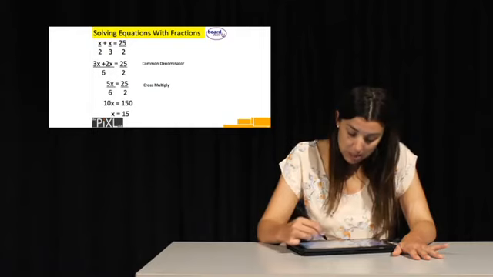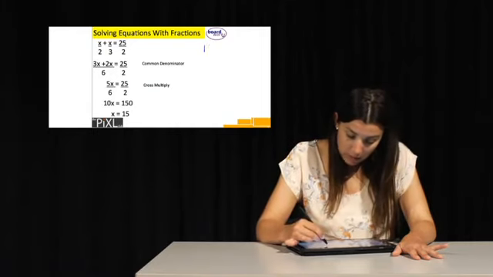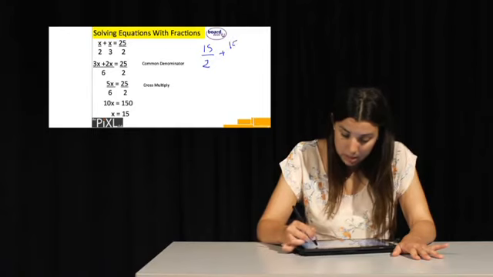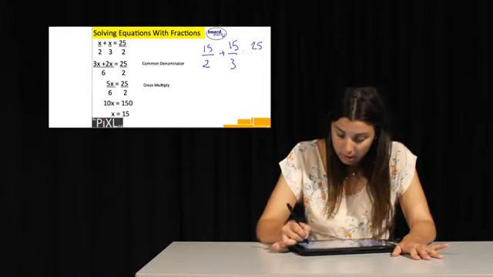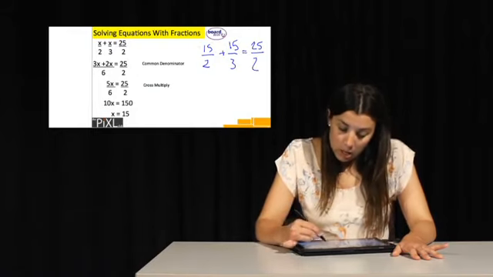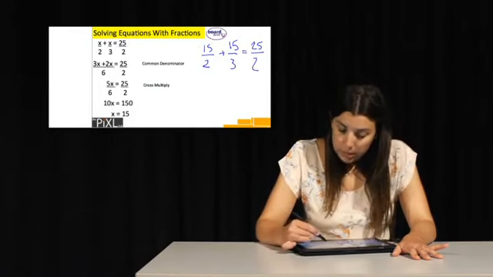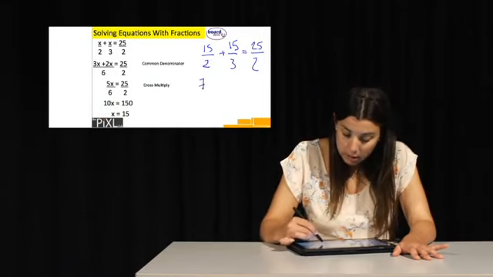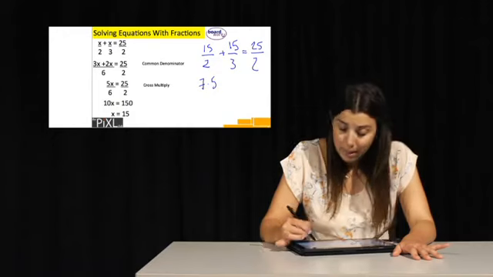If we've got 15 and we substitute in 15, we have 15 divided by 2, add 15 divided by 3 equals 25 over 2. If we change all these fractions into mixed numbers or decimals, 15 divided by 2 is 7.5, so 7.5.